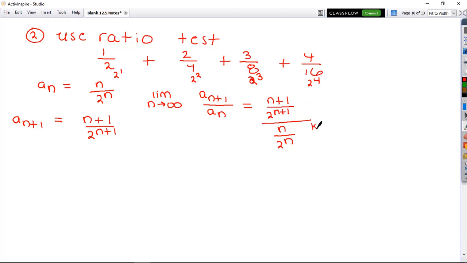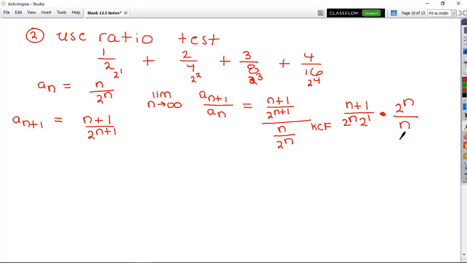And then you're going to do keep, change, flip, and try to cancel terms because it makes it easier. So when I do my keep, change, flip, I'm going to have n plus 1 divided by, we did this yesterday, but again, I wanted to hit on it again. Right here, I'm going to distribute this instead, and write it as 2 to the n and 2 to the first. Because if I look ahead, that's going to allow those to cancel right there.